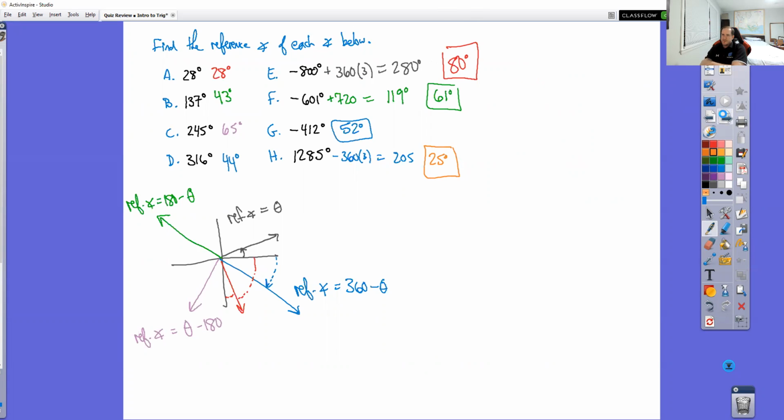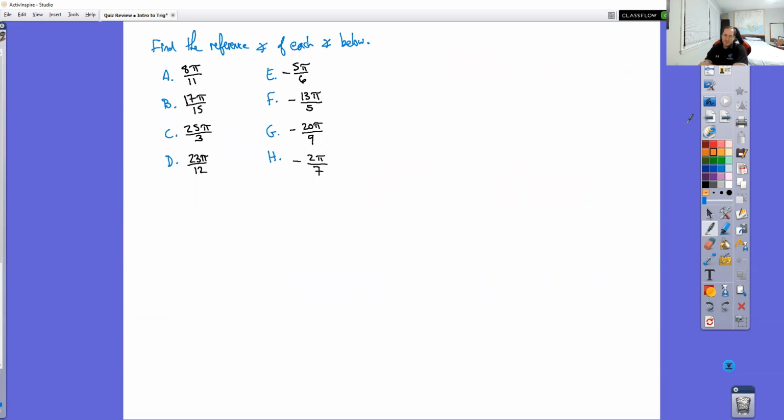For radians, it's actually easier in my opinion. Again, the big takeaway is the x-axis, the axis that we're supposed to be measuring how far away we are. Well, if I've got 11 as my denominator, this is an 11 pi over 11. How far away is 8 pi over 11?